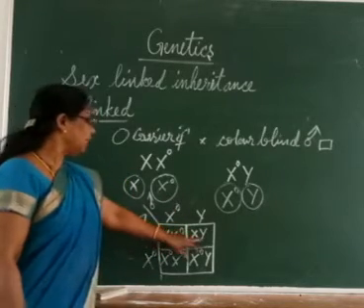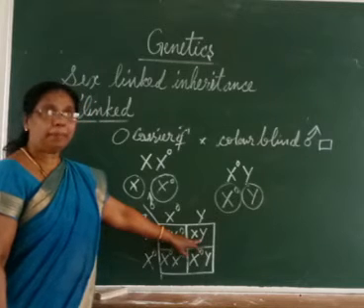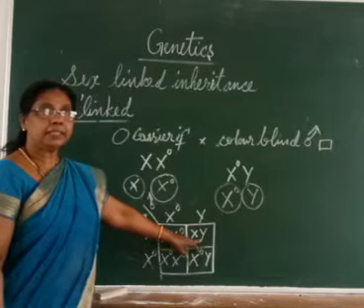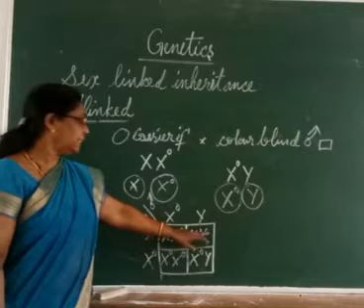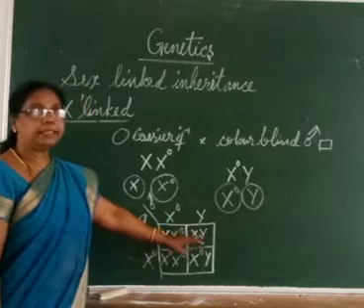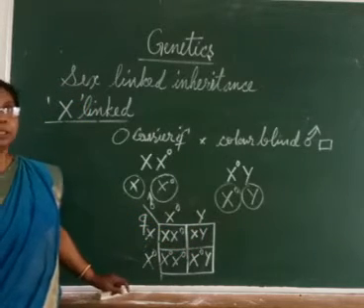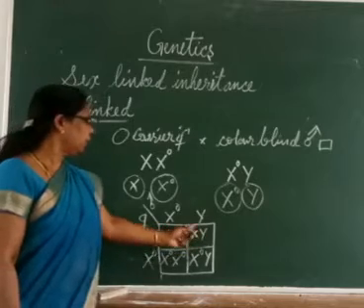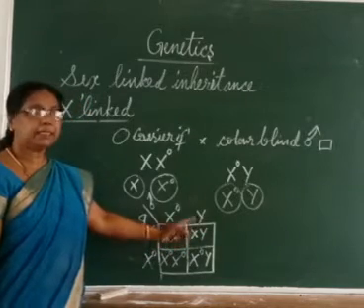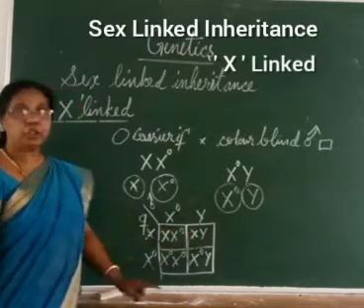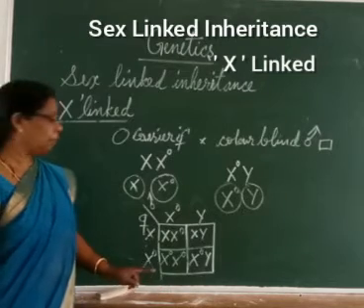Go to the next one, XY. This is a male child, and can you say whether this male child is having this color blindness or not? No. Automatically you can immediately understand this child is not having that disease, color blindness.